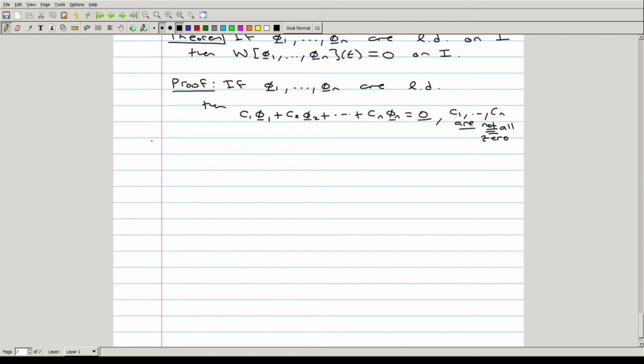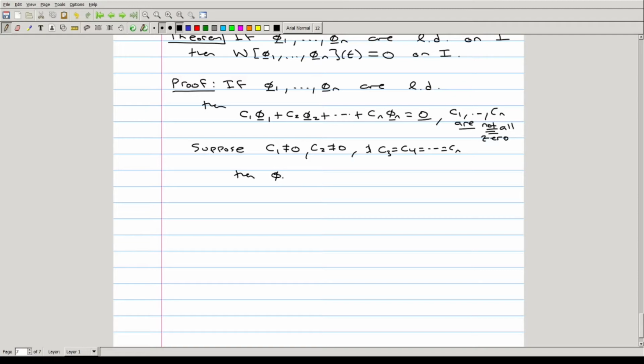It's relatively straightforward to go through and prove this in general, but I'm just going to show, we'll say, suppose that C1 is non-zero, C2 is non-zero, and C3, C4, and all of the higher coefficients are 0.